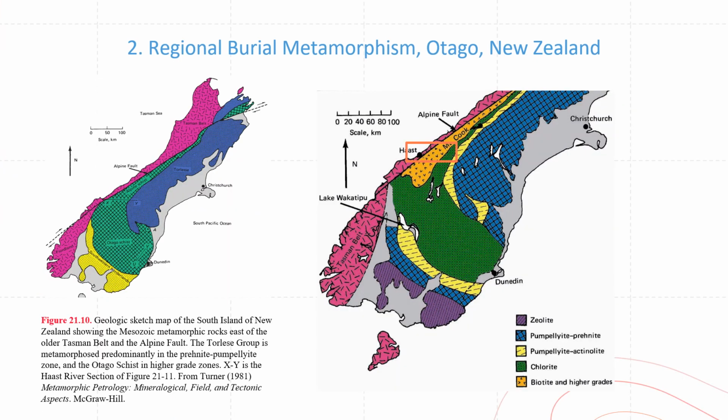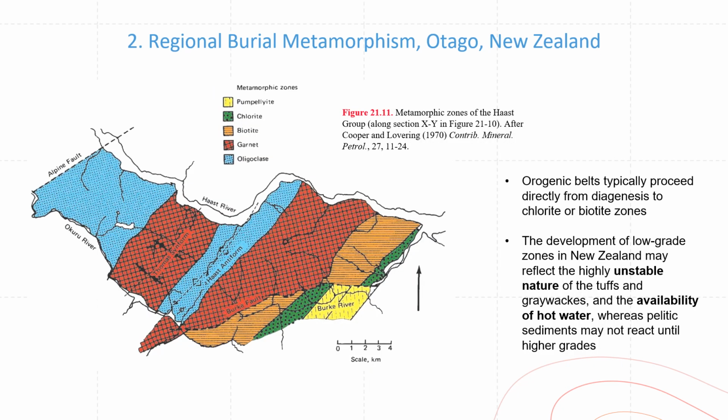So this in particular can be observed near the Haast River in Otago, New Zealand. And the cross-section XY, if we zoom in, we will see the different metamorphic zones of the Haast group, where we can see that it's divided into pumpellyite, chlorite, biotite, garnet, and oligoclase.